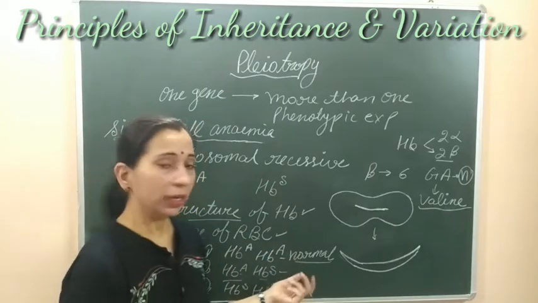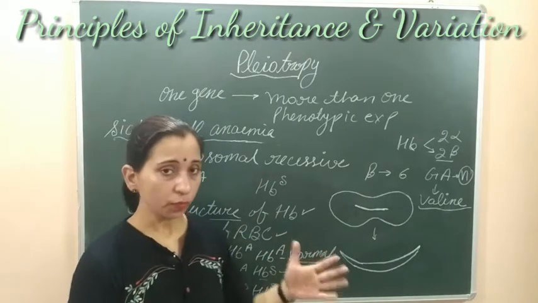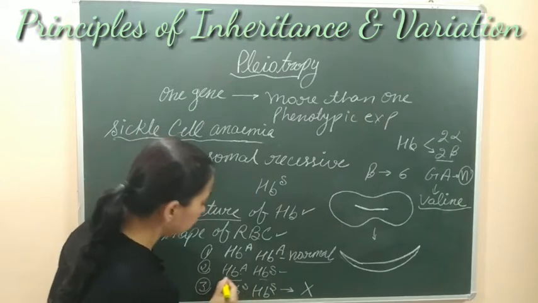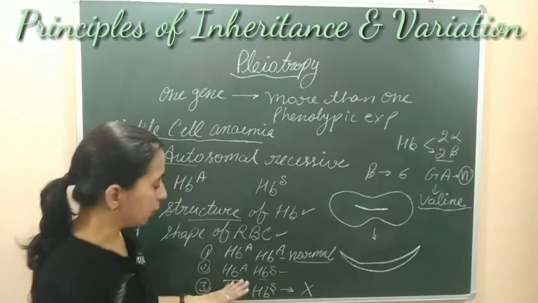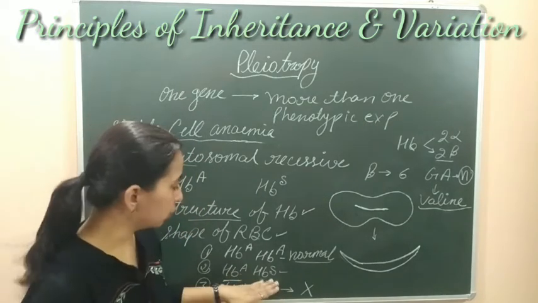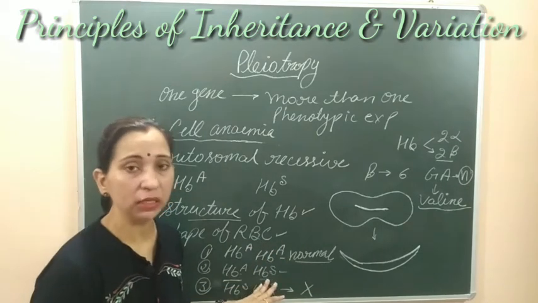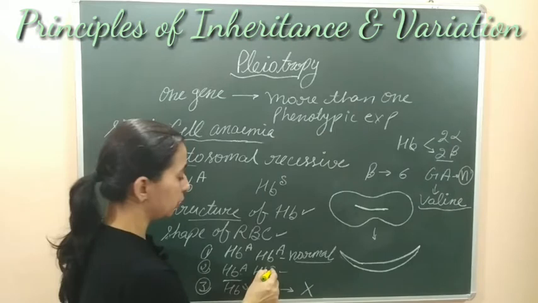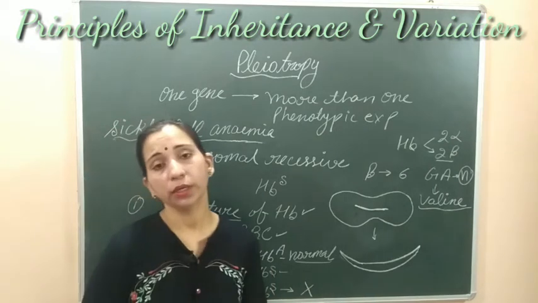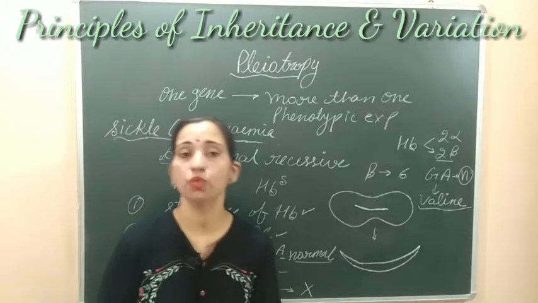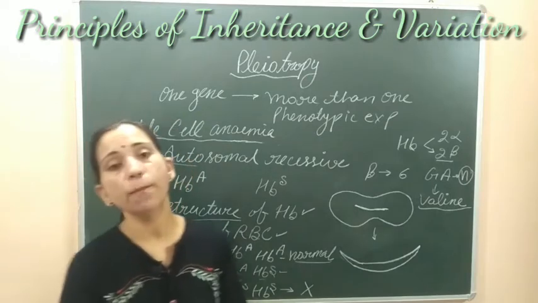Like in this case, what happens in the condition where the person has HBA HBS, where some alleles are defective alleles with the sickle cell structure present. These humans are resistant to malaria.